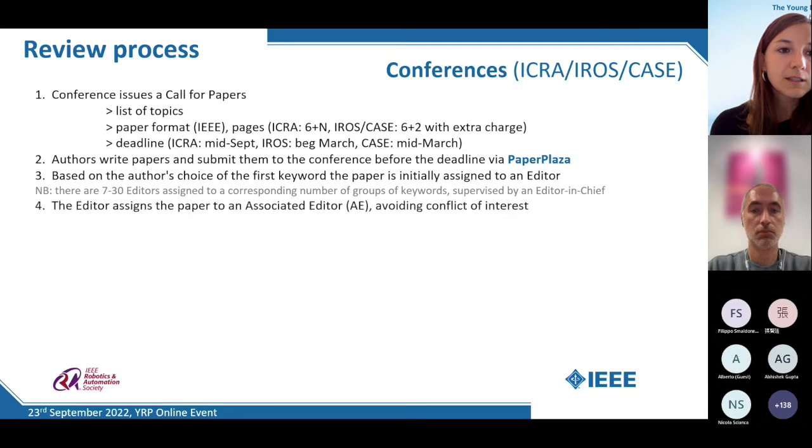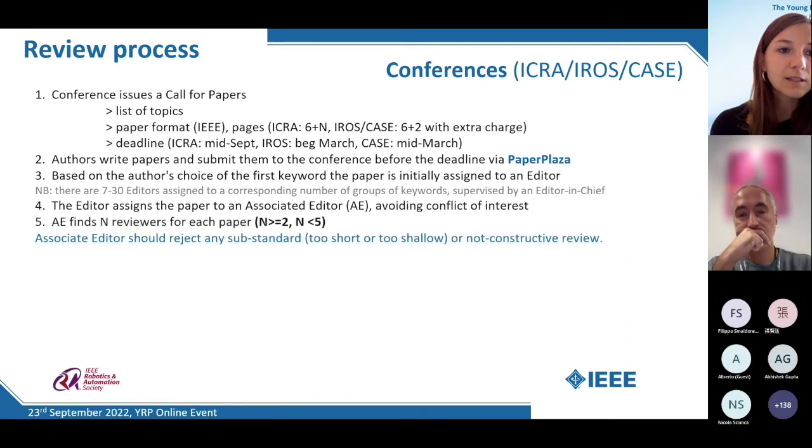This editor assigns the paper to an associate editor, trying to avoid conflicts of interest. So basically, the paper should not be given to an associate editor that knows the authors or has some relationship with the authors. Then the associate editor finds a number of reviewers for each paper.